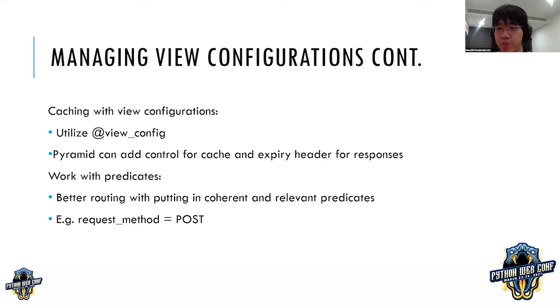When we provide more coherent and relevant predicates, it ensures better routing, because the more relevant they are, the easier it is to route. An example of that is putting a request method as post. So that's how we would go about using predicates. Using predicates is always very good when we work with view configurations, in order to route things easier and build on them.